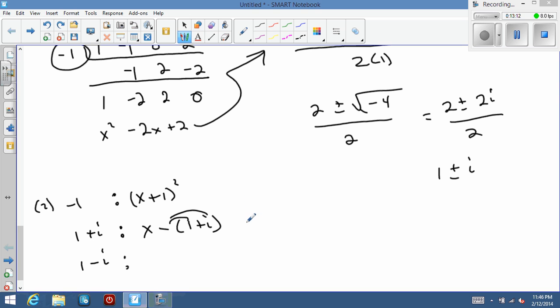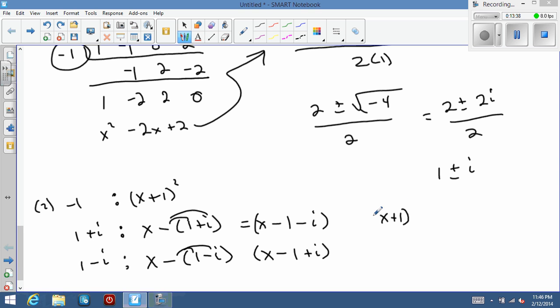I have to distribute that subtraction, and I get x minus 1 minus i. And then for 1 minus i, I distribute here, and I get x minus 1 plus i. So my complete factored form will be x plus 1 squared times x minus 1 minus i times x minus 1 plus i.